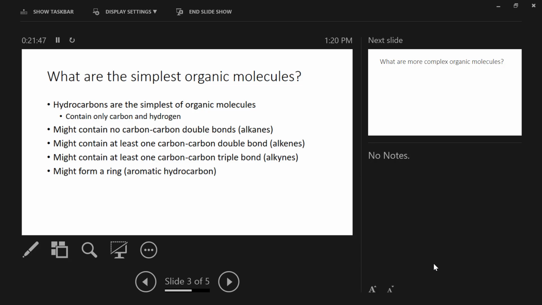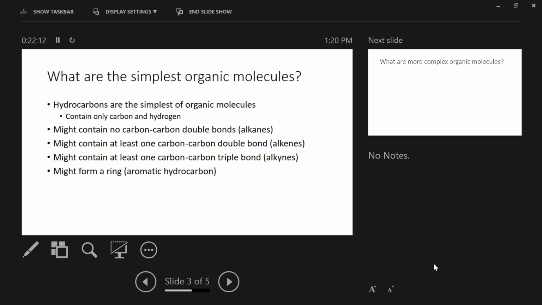They might form a ring, and we call these aromatic hydrocarbons. And so they might form an aromatic hydrocarbon, and they might form a ring. Now I can't do a ring with just 2 carbons.